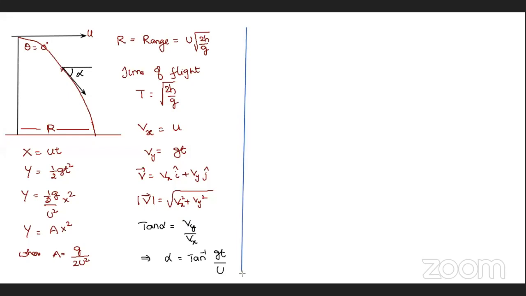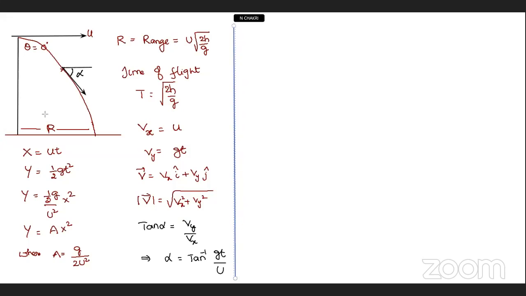Okay, just to have a small glance here. Previously, what we discussed related to this concept: body projected from the top of a tower. So better we go through few numericals related to these concepts, what I discussed just now.